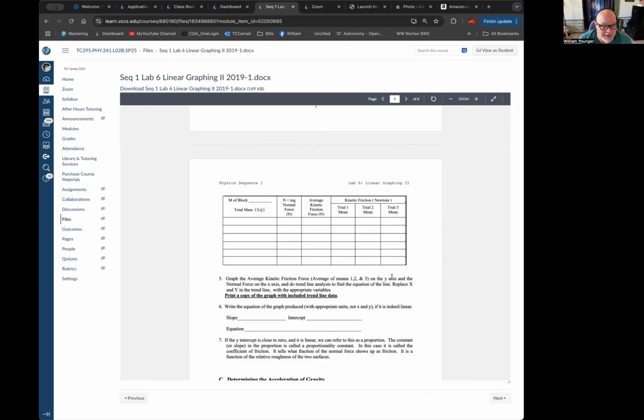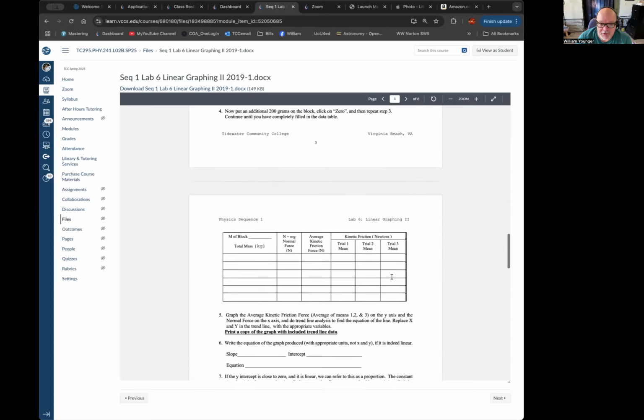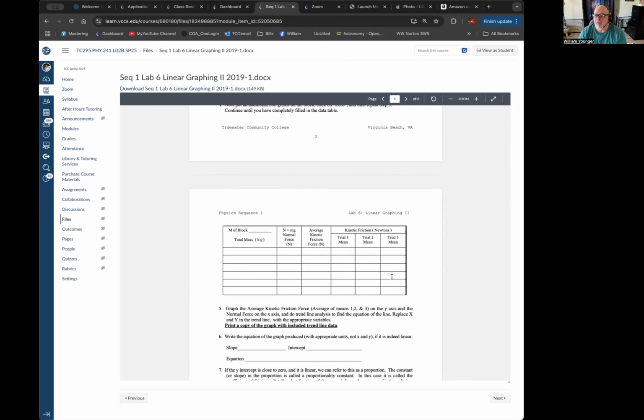So you can make a plot, as I said, of the average kinetic friction on the vertical axis versus the normal force on the horizontal axis. We know that the friction force, at least kinetic friction, is supposed to be mu (kinetic) times the normal force. So you're making the assumption that F average is equal to mu times the normal force.